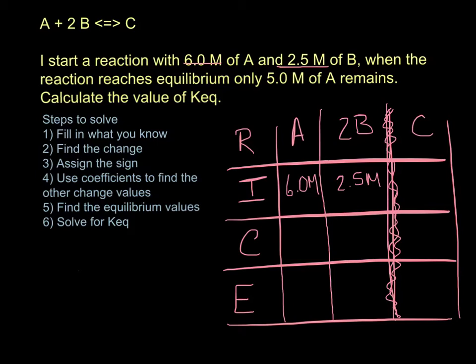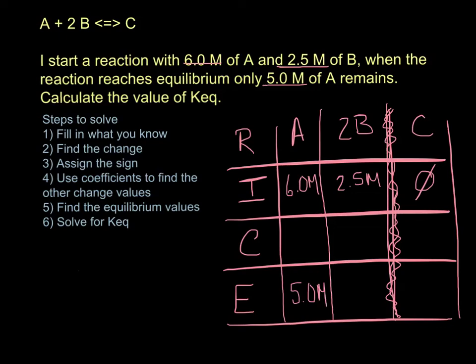Now, you can make an assumption that if you aren't told anything about one of the reactants or products, then that value must be 0. And you can only assume that for the initial things. Now, we also know that at the end, the molarity of A is 5. So I can fill in at the end, or the equilibrium, this is 5.0 molar.